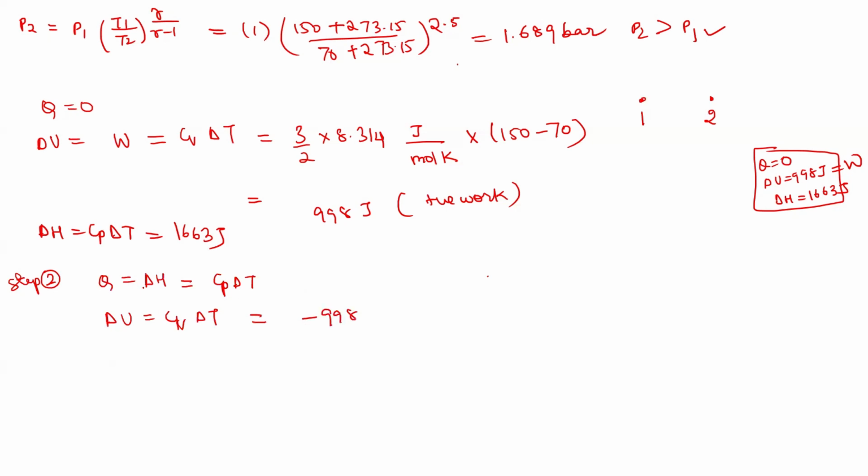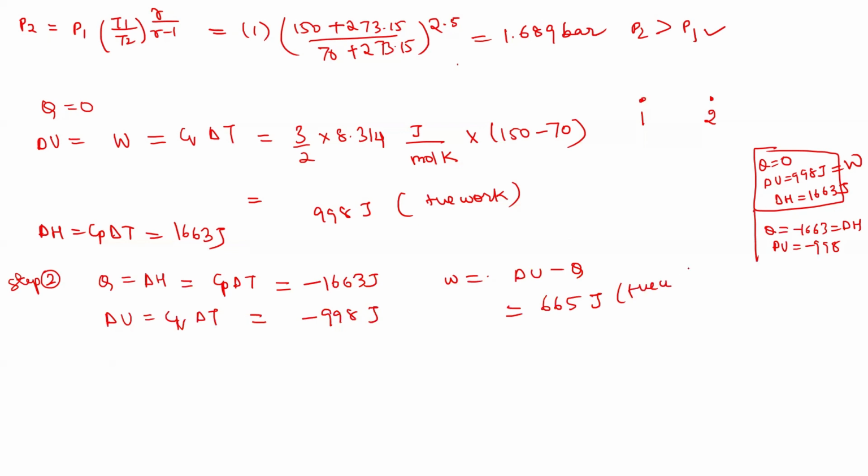And this Cp delta T is again the negative, minus 1663 joules, which is delta H. And coming to the work, it's delta U minus Q, which gives us 665 joules, and it is also positive work.